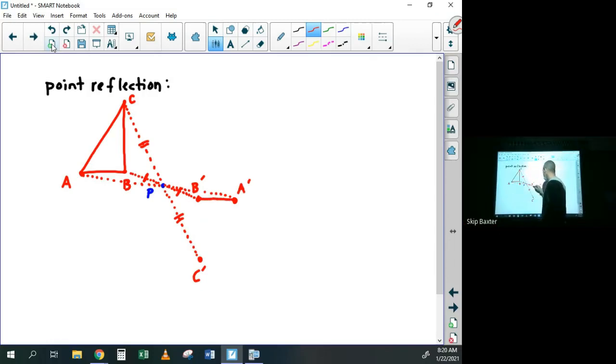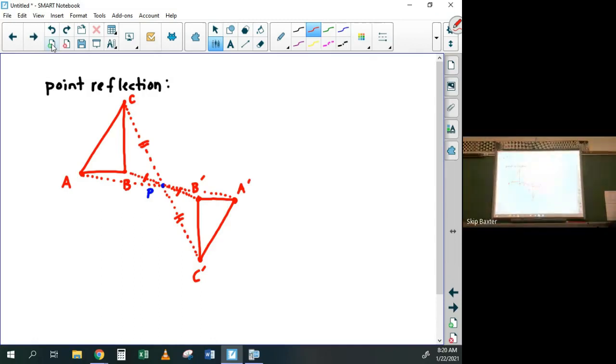So you end up with a triangle that's almost like a rotation of the original figure. And that's always how it's going to turn out.